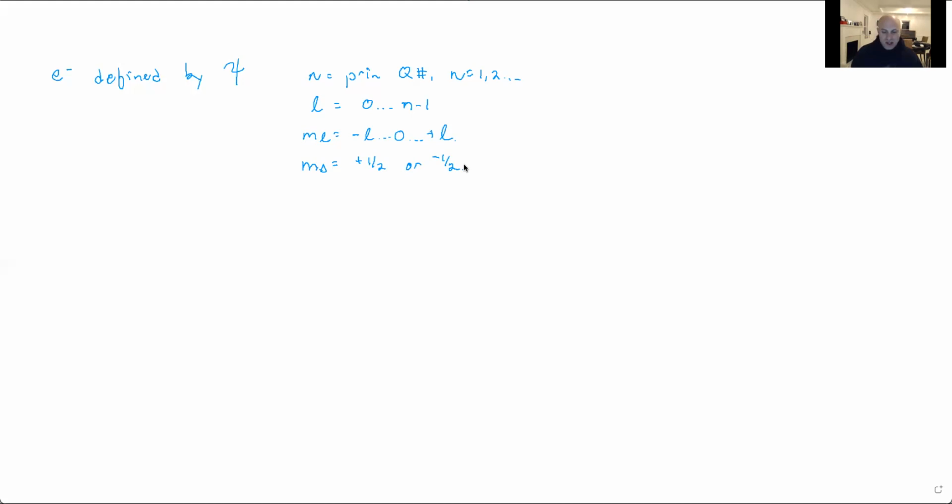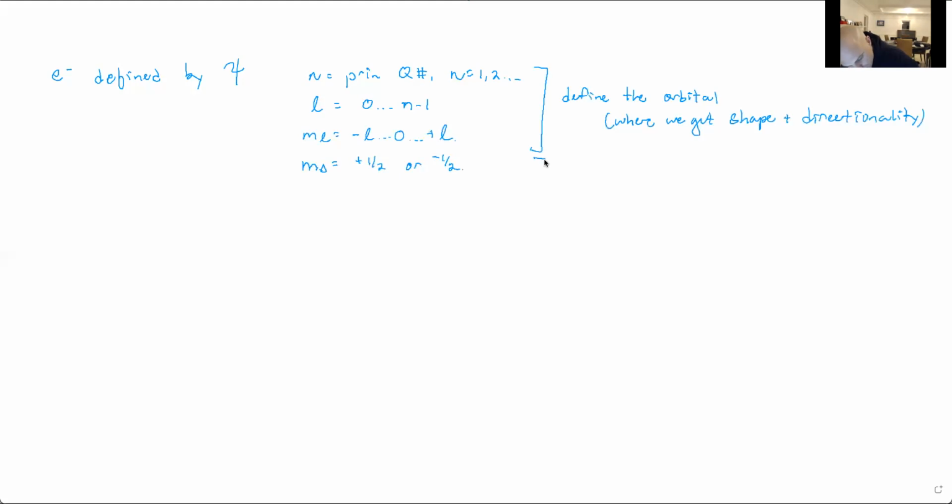Okay, and so the first 3 terms define the orbital. So where we get the shape and the directionality of the orbital are from those terms, okay?